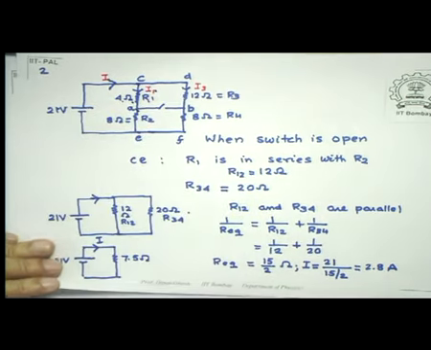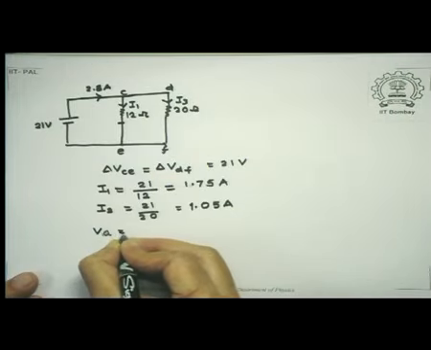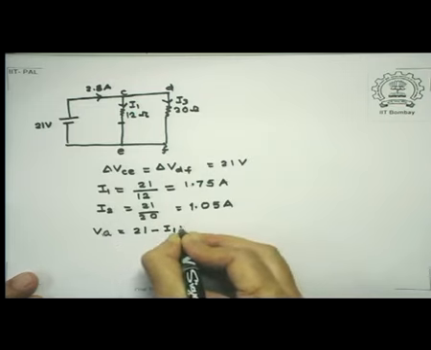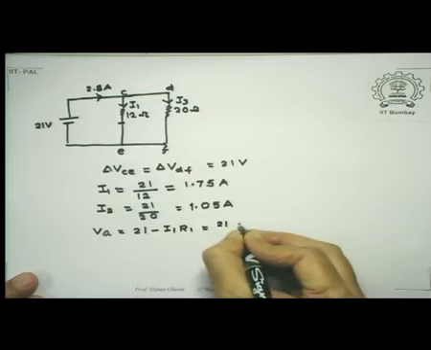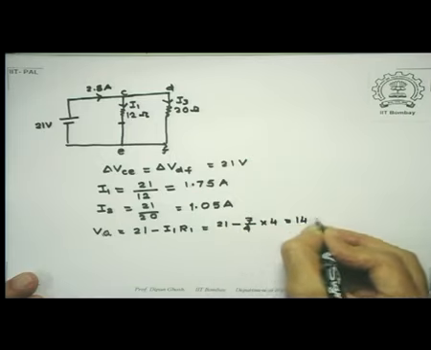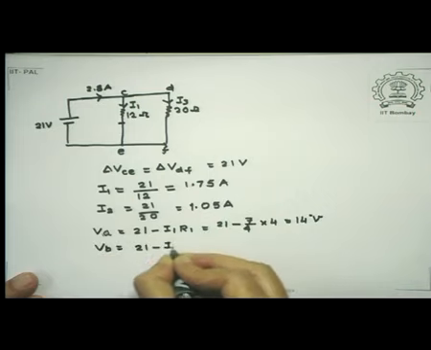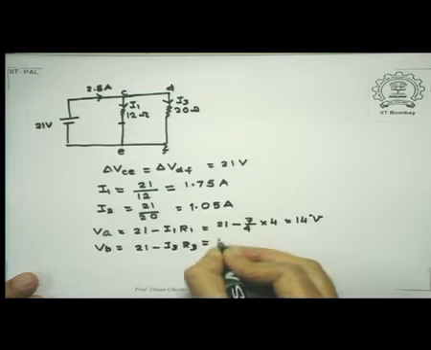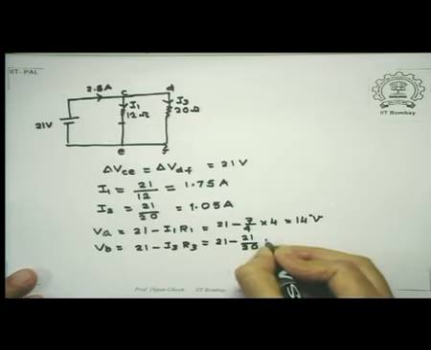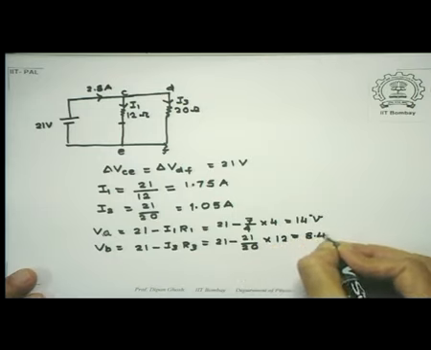You can easily calculate and find out that this VA was equal to 21 minus I1 R1, that's equal to 21 minus 7 by 4 into 4, that's equal to 14 volts, and VB equal to 21 minus I3 R3, that's equal to 21 minus 21 by 20 into 12, that's equal to 8.4 volts.